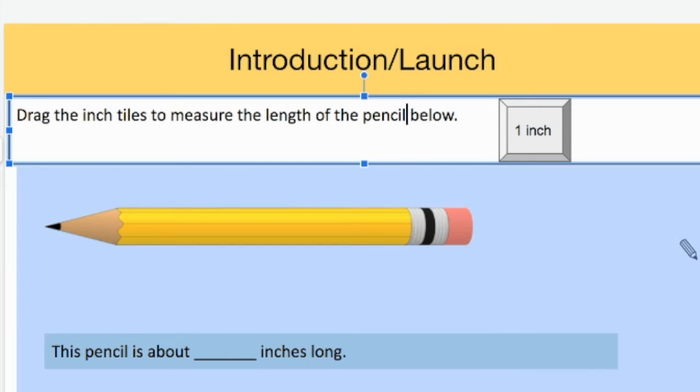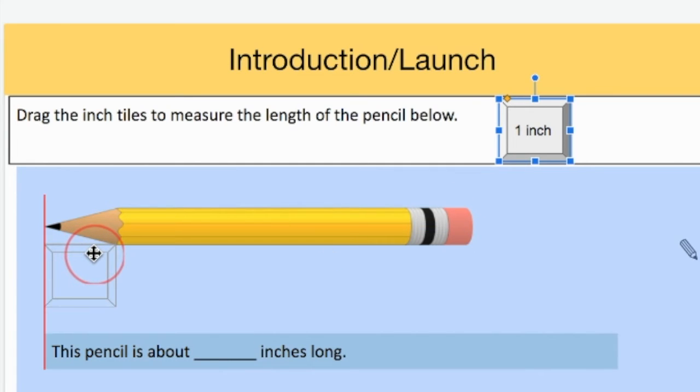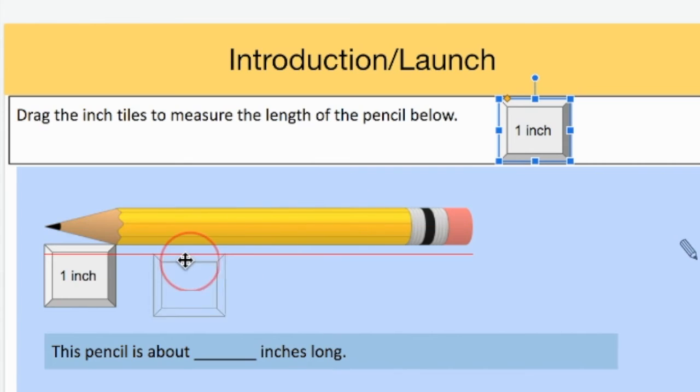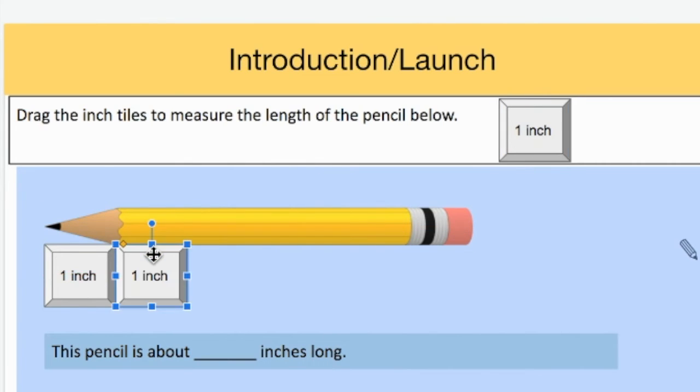Drag the inch tiles to measure the length of the pencil below. Once again, click on the inch tile. It has the blue squares. When you see the cross, you can move it and align that inch tile edge with the pencil point. Next inch tile right next to it, no gaps or overlaps. Next.